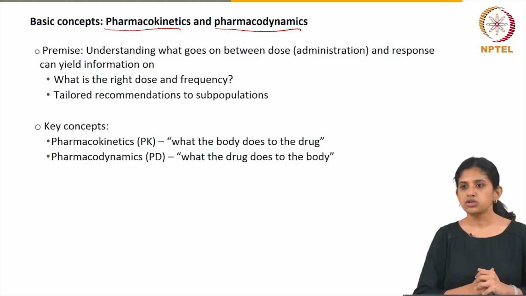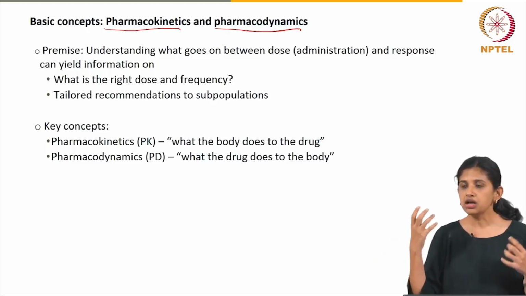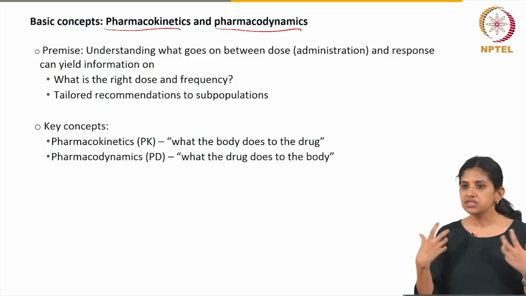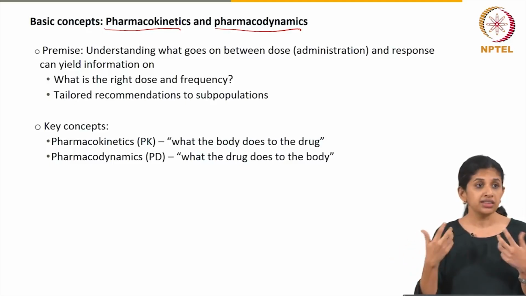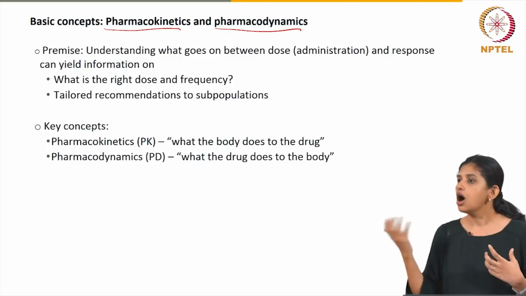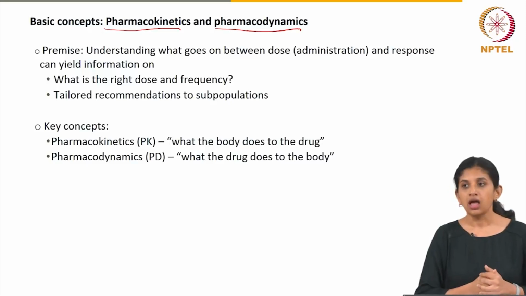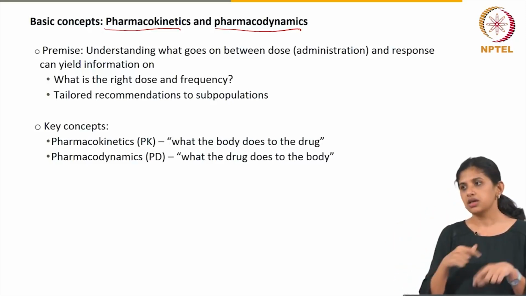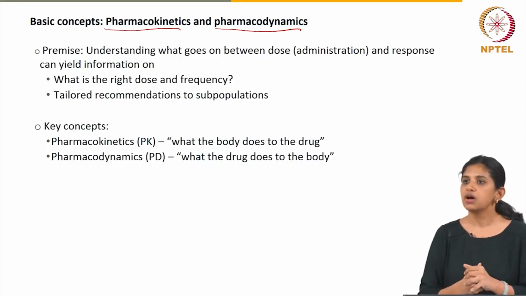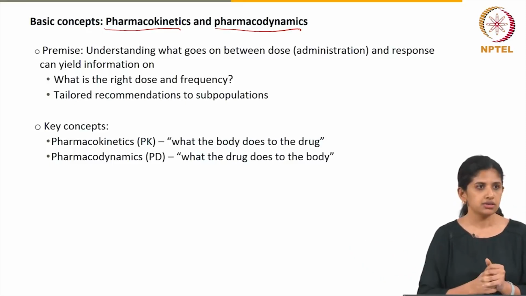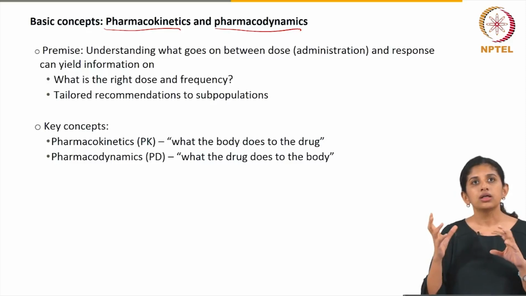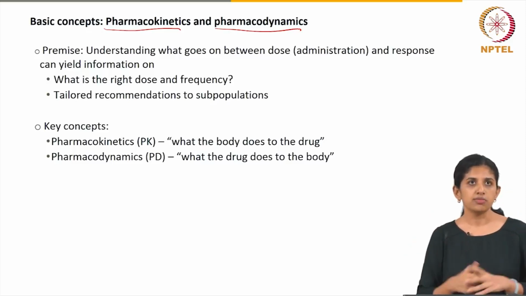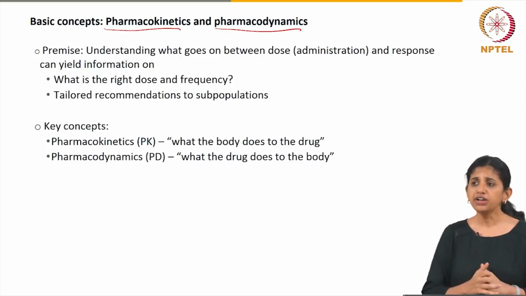When you are talking about an asthma drug, then the blood vessels in the lung and the alveoli and those structures in the lung are what it goes after. When you inject insulin, the targets are insulin receptors in various organs in the body, in the muscle, in the liver, etc. So, what the drug does to the body is pharmacodynamics.